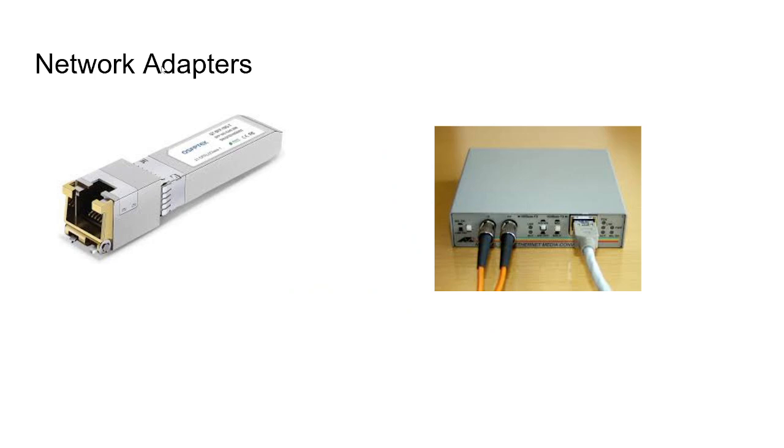So network adapters, you'll see this is a transceiver module, I believe. You'll plug this into a switch. Let's say a switch only had Ethernet ports, and let's say you had a fiber optic cable. So what you do is plug an SFP transceiver into the switch, and you'd also plug the fiber optic cable into the transceiver.